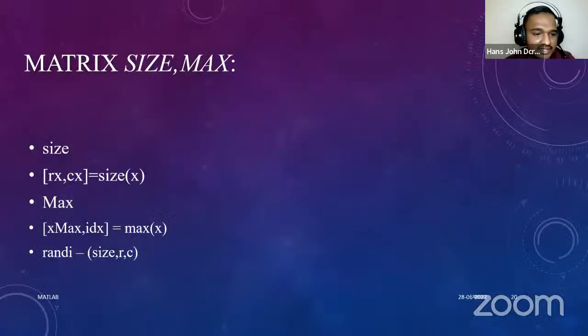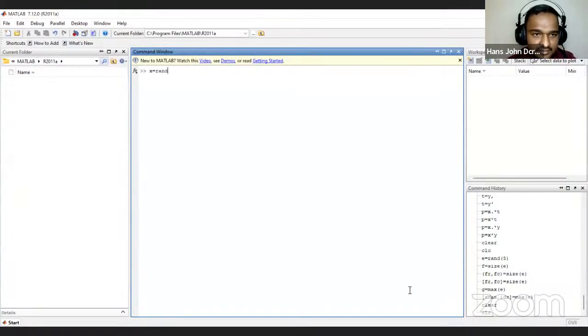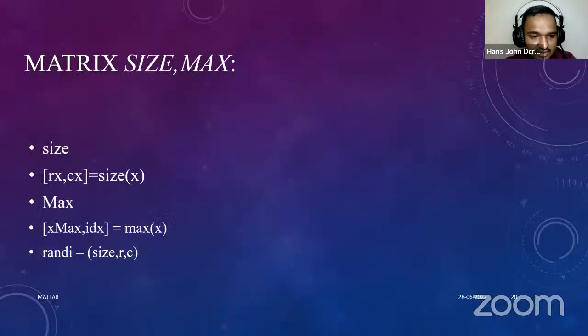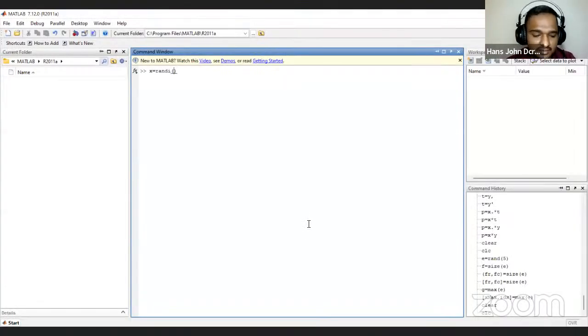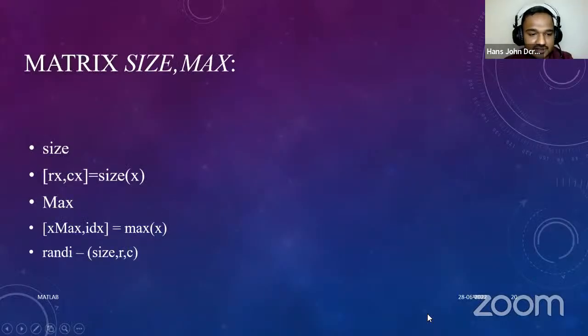Okay, next let's do rand I. Yeah, so now I have random numbers which has 2 columns and 4 rows. So what does this 3 denote? The size. Yeah.